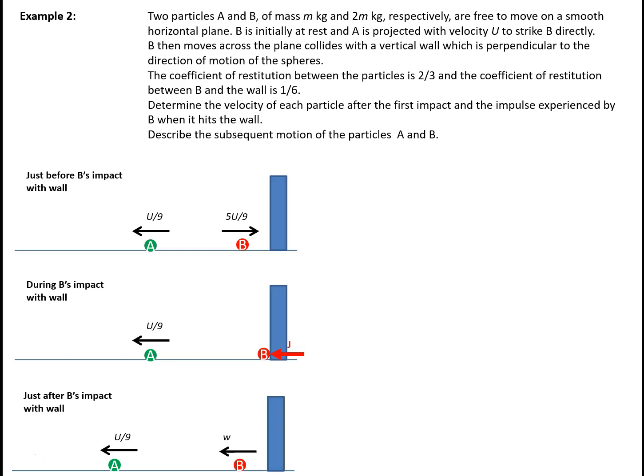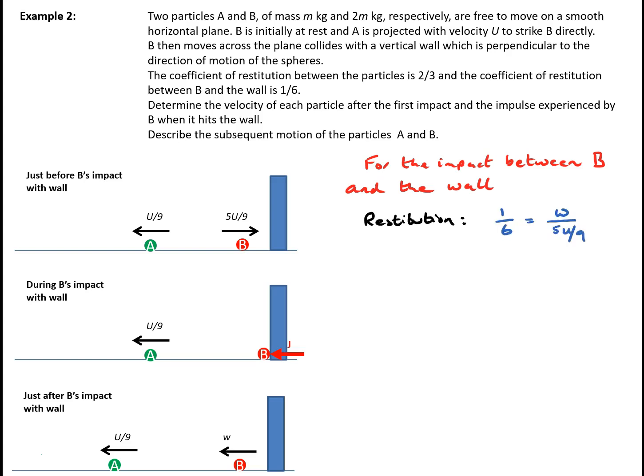And after B's impact with the wall, it will be moving away from the wall with a speed of W. Now, for the impact between B and the wall, if we take the restitution equation first, we have got 1/6 is the speed of separation of B from the wall, which is just W, divided by the speed of approach of B to the wall, which is 5u/9. So I've got W is 5u divided by 54.